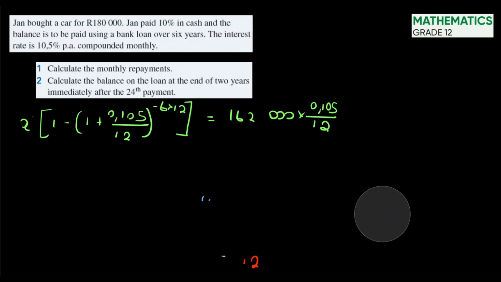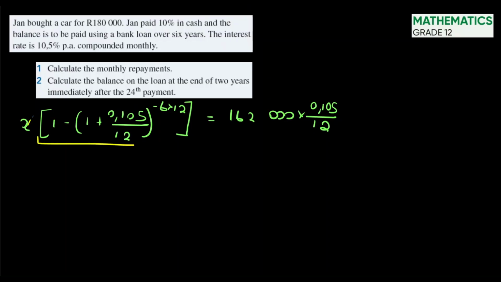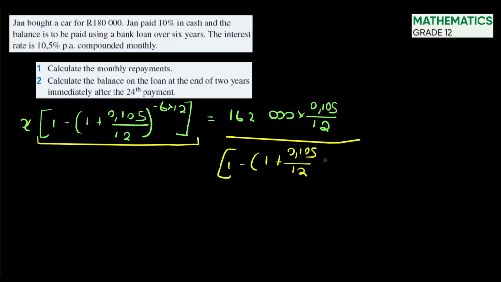Remember, our main idea is to isolate everything so as to be left with x on the left hand side. So to do that, we can divide both sides by 1 minus (1 plus 0.105 divided by 12) to the power of minus 6 times 12. So we're dividing the left hand side and we're also dividing the right hand side.